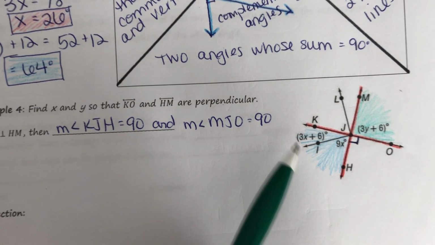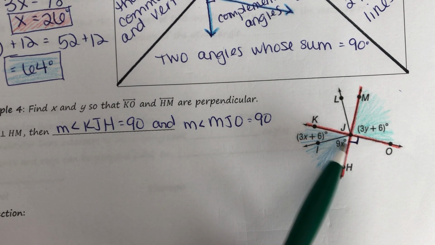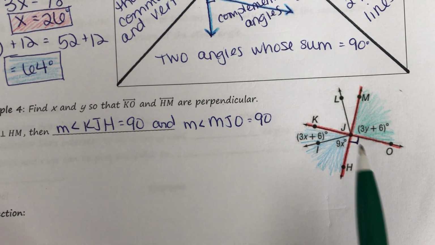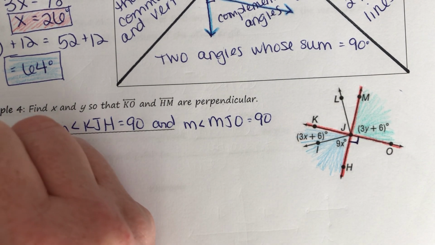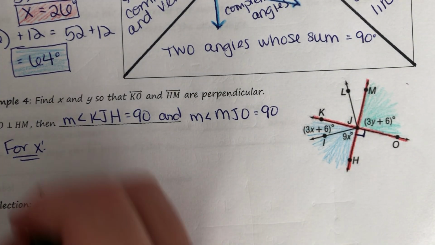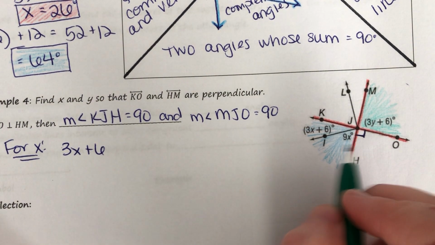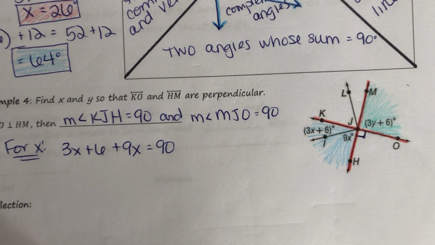To solve for x, I got to add these two angles together and set them equal to 90, because I know this whole corner that I shaded in blue adds up to 90. It's a right angle, 90-degree angle. So to solve for x, I'm going to add 3x plus 6 plus this other angle, 9x, and together they add up to 90.